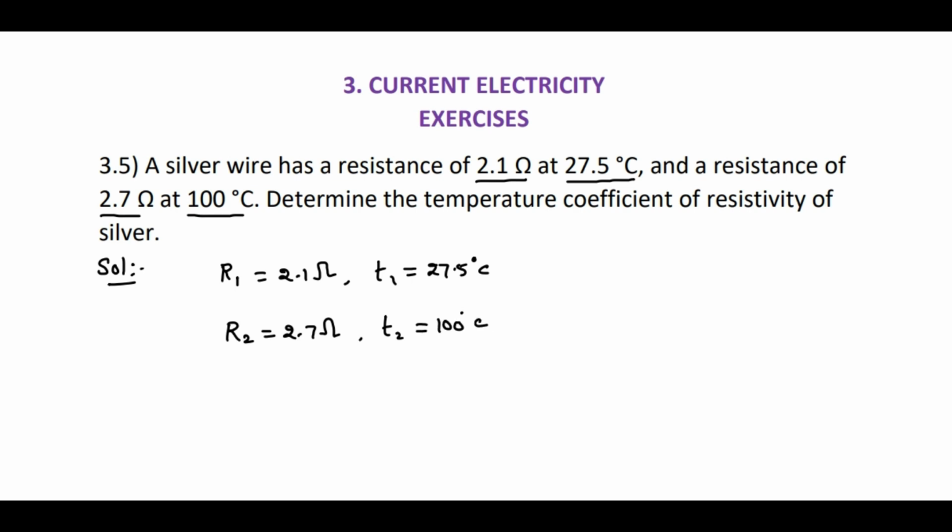We need to find out alpha, the temperature coefficient of resistivity. So we know alpha is equal to R2 minus R1 divided by R1 into T2 minus T1.